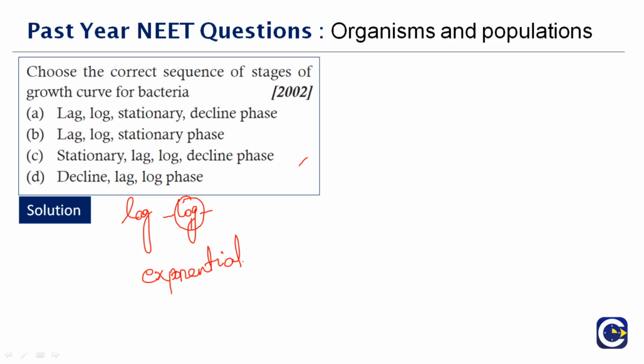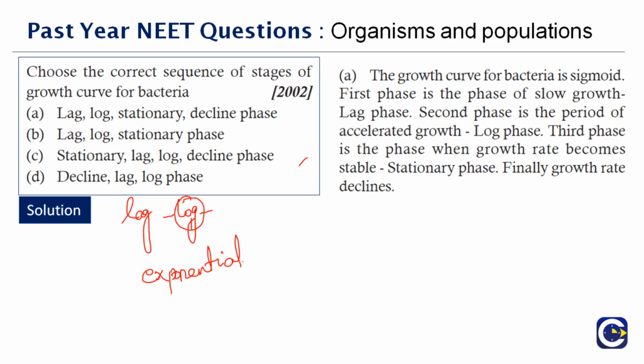Okay, therefore the right answer to this question is option A. The log phase is where you see accelerated growth, while in the stationary phase, the growth becomes stable and you will neither find growth nor decline. Therefore the right answer is option A.